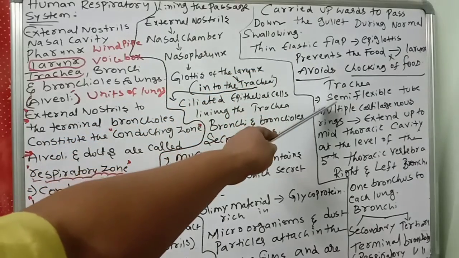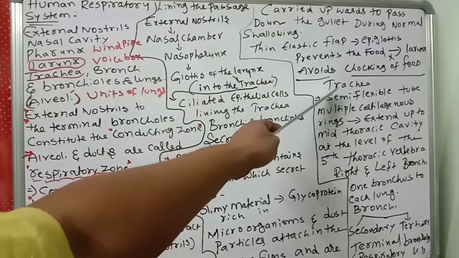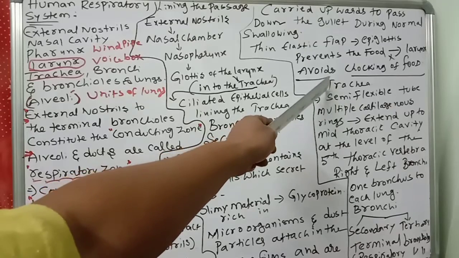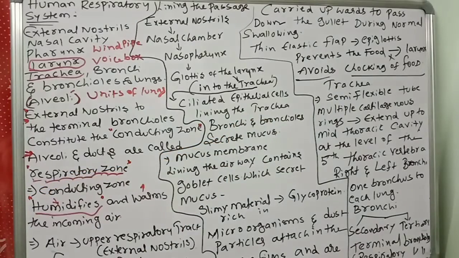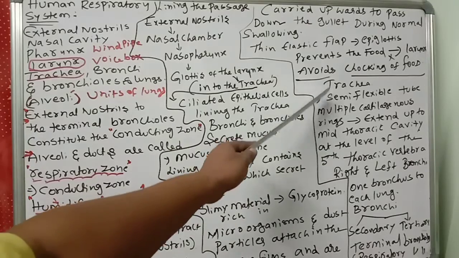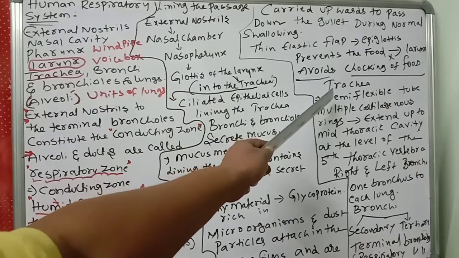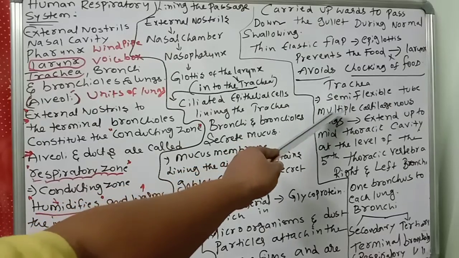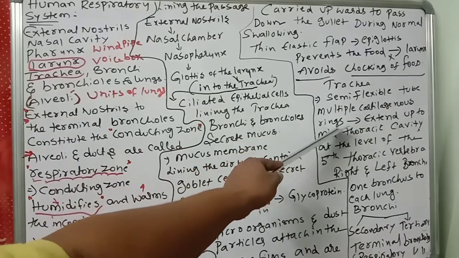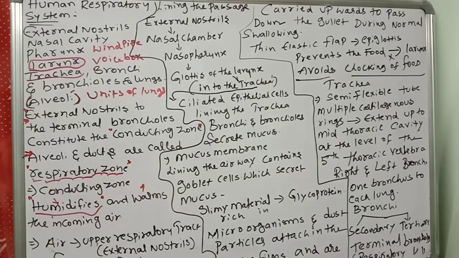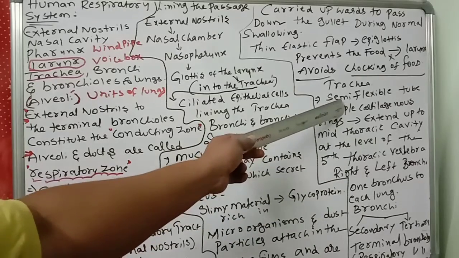Next, the windpipe, which is called the trachea. The trachea is a semi-flexible tube, very important. It has multiple C-shaped cartilaginous rings. What is the use of the C-shaped rings?